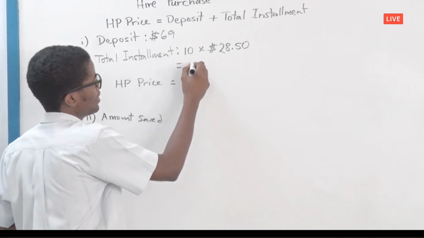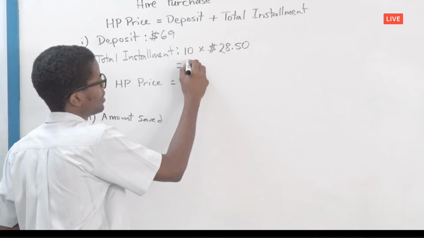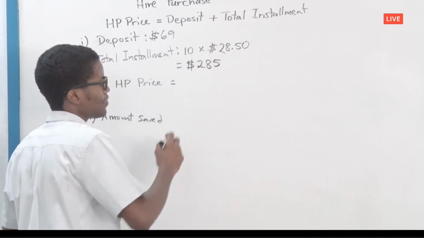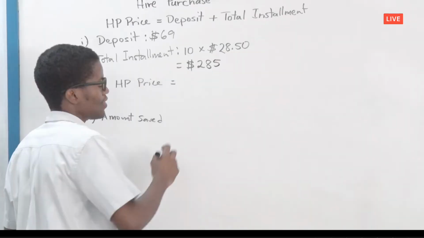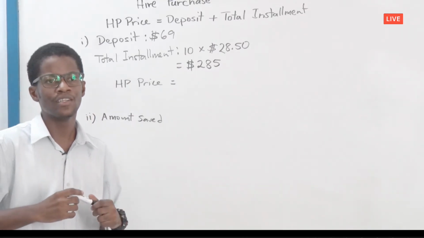So our total sum will be 200 and how much? $85. Well done.